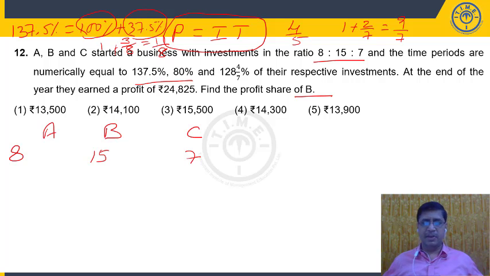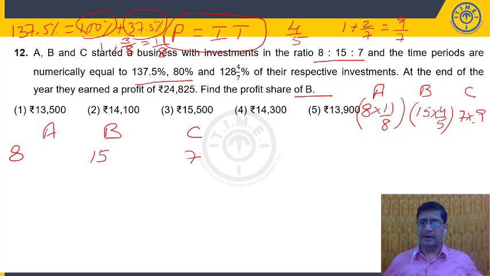So what is the time period? The value of the time period of A: it is 8 into 11/8. What about B? B is 15 into 4/5, it is also the time period of B. And C is 7 into 9/7.